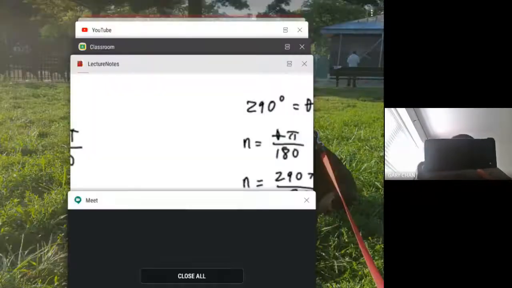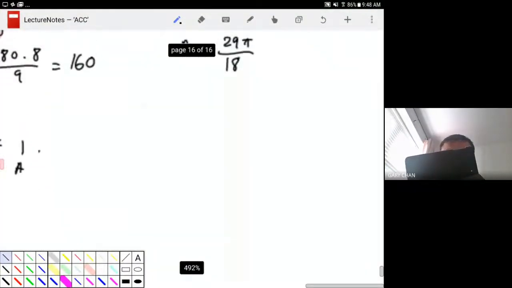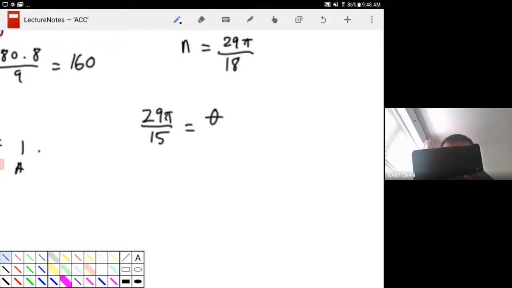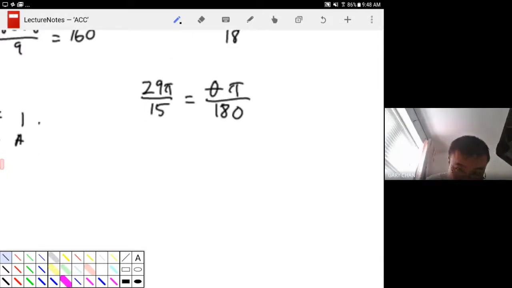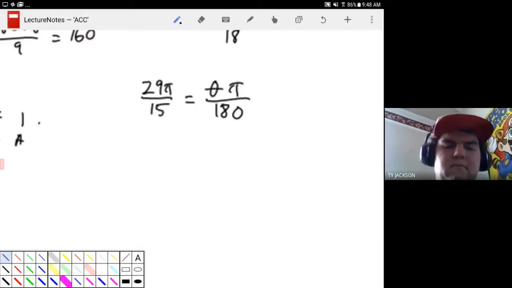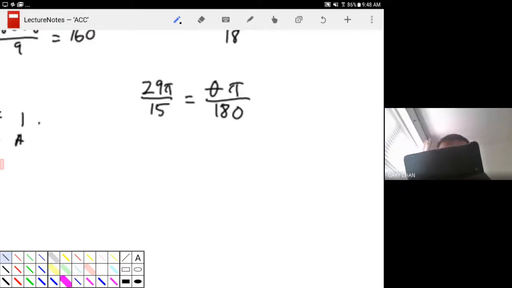Yes, you got it. Because of that, you're going to re-represent this. 29 pi over 15 is n, and you're solving for theta. We have pi on both sides, don't we? Yep. Because we have pi on both sides, we can cancel it.